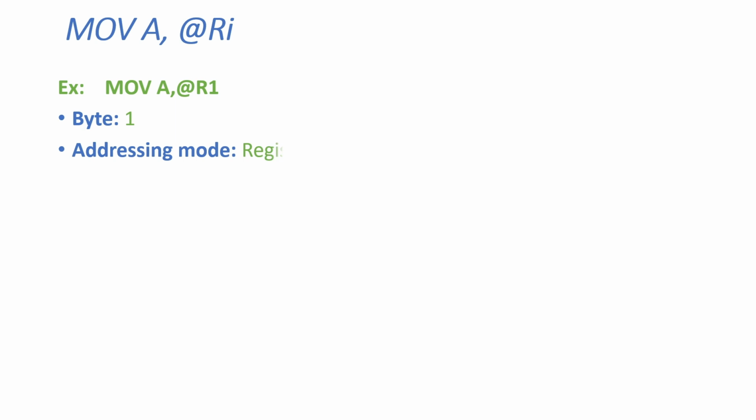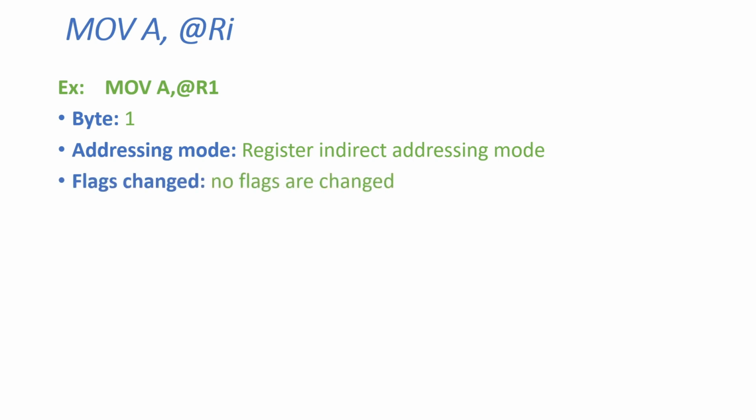See the next instruction, MOV A, @Ri. See the example, MOV A, @R1. This is a 1 byte instruction. The addressing mode is register indirect addressing mode, because here the indirect sign, that is @, is present. So this is register indirect addressing mode. No flags are affected due to this instruction.